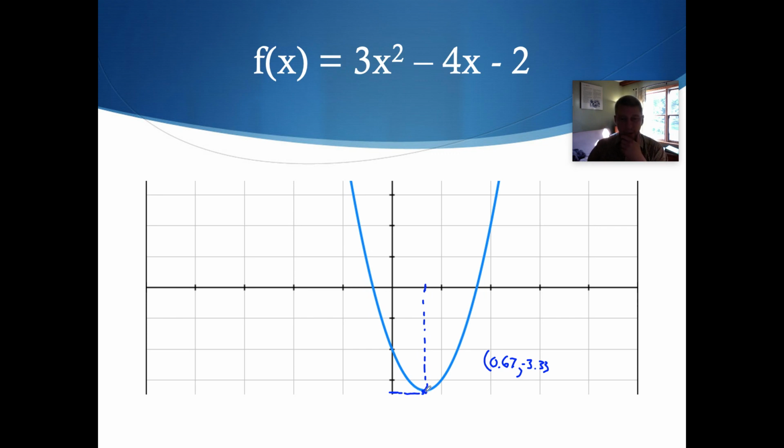So there's the point right there: 0.67 or 2/3, and negative 3.33 or negative 3 1/3. Those are the x and y values that give you the local or absolute minimum of f of x equals 3x squared minus 4x minus 2.